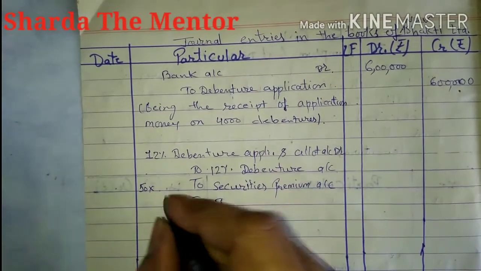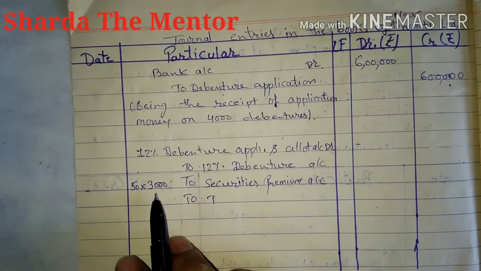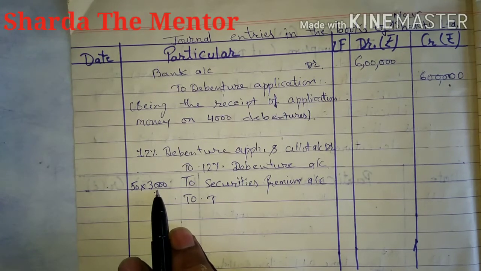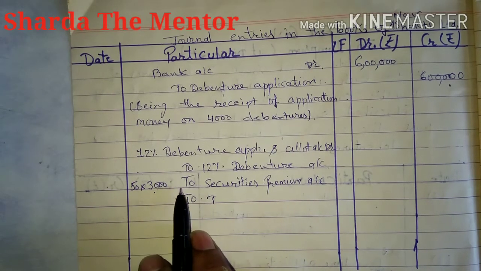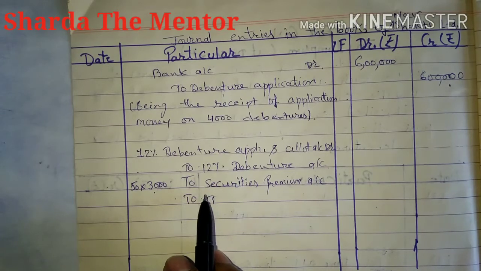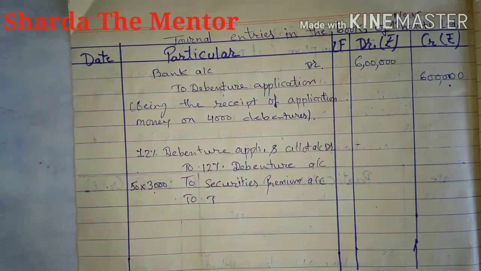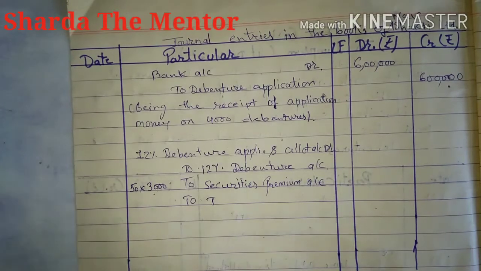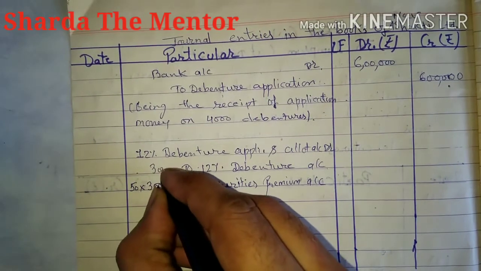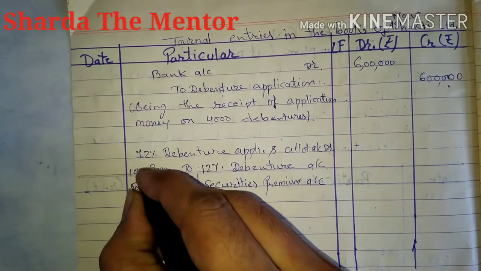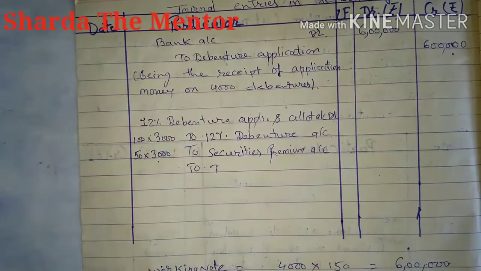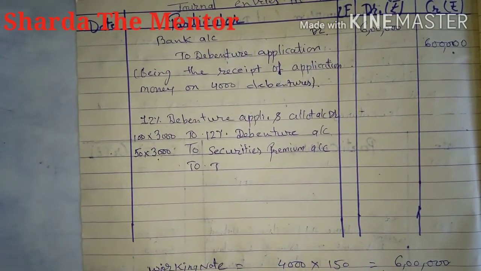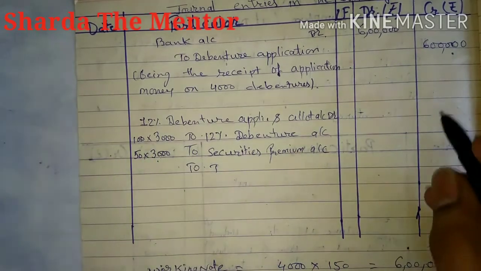Always remember that whatever the number of issued debentures, you have to multiply that by the securities premium, because whatever number of debentures we have issued, that amount will be transferred to debenture and securities premium, because in the question it is clearly mentioned that the excess amount we have to return. So 3000 into 100. For explanation purposes I am mentioning it here; you need not mention it this way in your working note or copies. You can prepare the working note separately, but here I am explaining, that's why I am mentioning it.